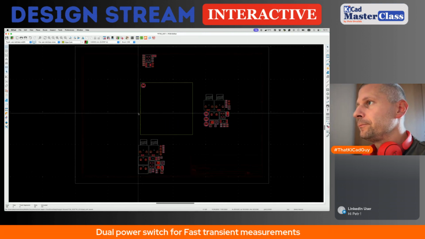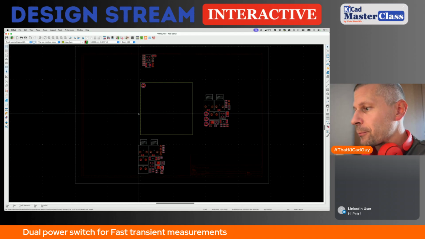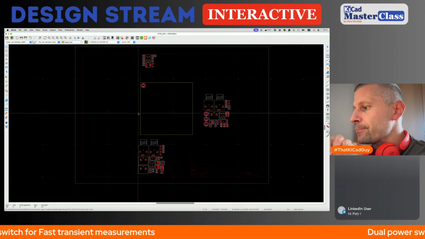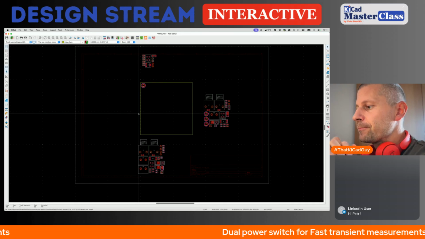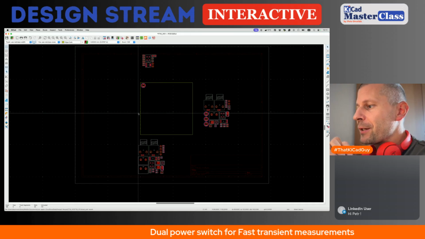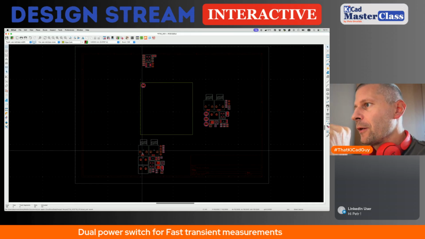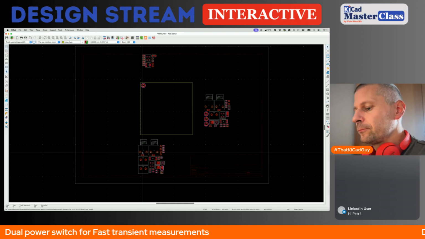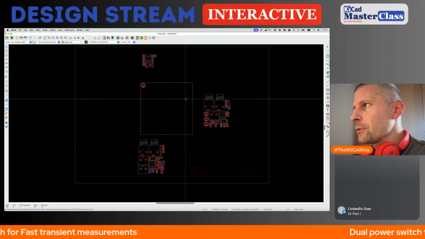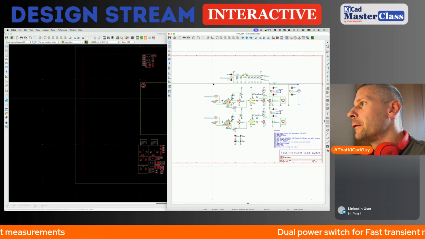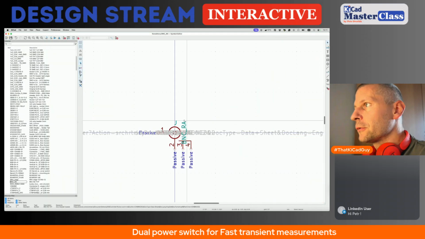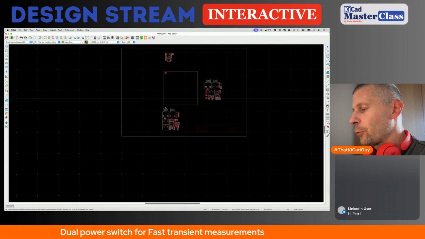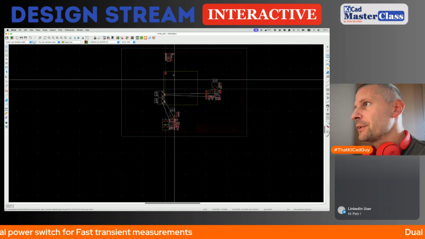And what will be our basic component placement? We want the input BNCs to be on one edge, on a common edge for these two BNCs.